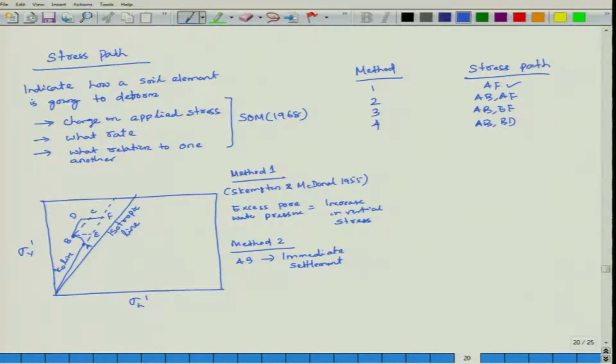Consolidation settlement, they have said, is AB and AF; AF is your consolidation settlement. I will discuss slightly. How does a soil go from A to B as immediate settlement, then there is no continuity, and then from A to F there is a consolidation settlement. So, there is inconsistency, particularly in method 2.